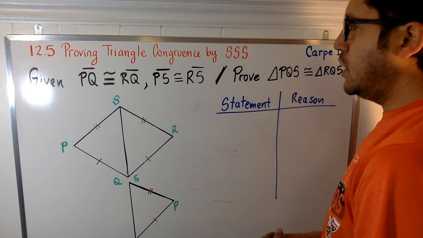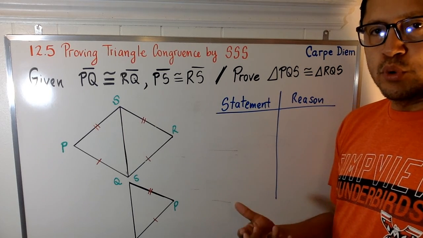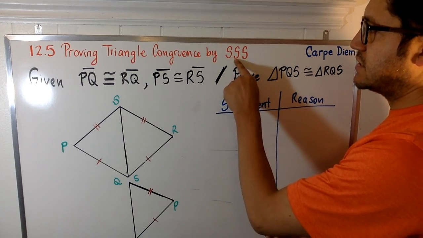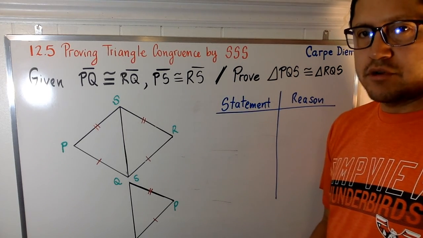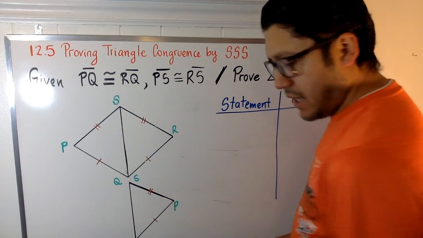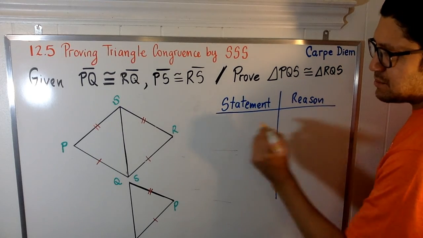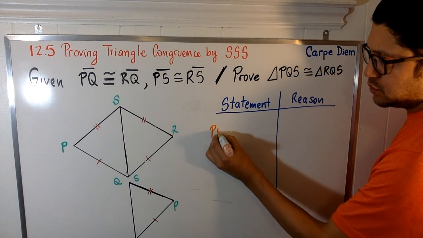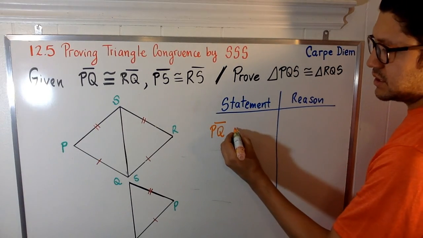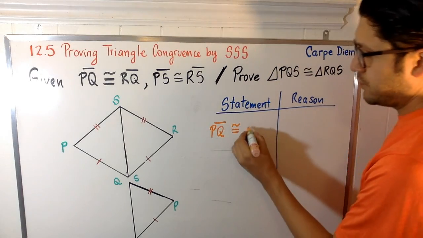Okay, so here is a typical example of how we can prove that two triangles are congruent by using the side-side-side congruence theorem. So we're going to start like this. We say that segment PQ is congruent to segment RQ.